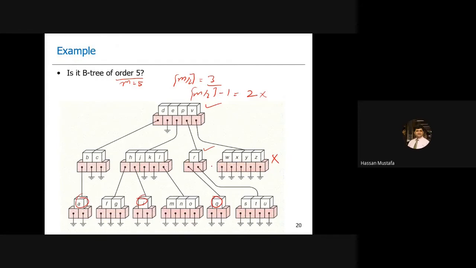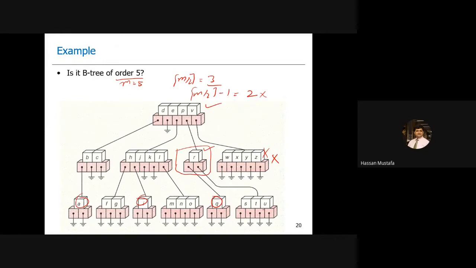So you see, if I enforce these conditions, then since I cannot have such a node, I would need to adjust some values from this leaf node. If I just look at this node, it has fewer keys.